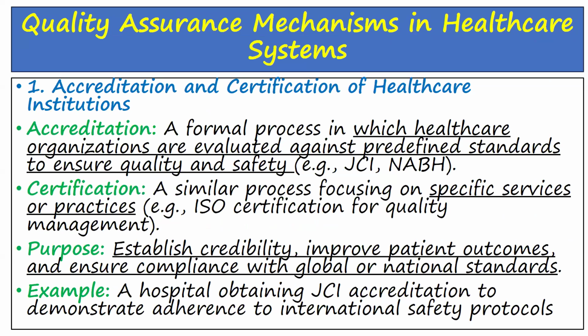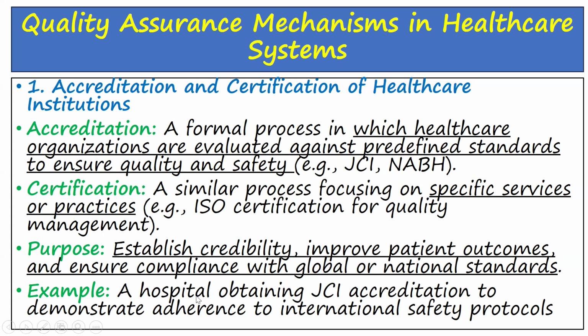Now, what are the quality assurance mechanisms in the healthcare system? If we really want to assess and evaluate that your hospital is giving the necessary quality, what can we do? Number one, there is accreditation and certification.